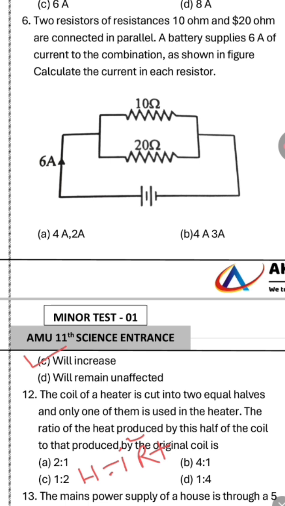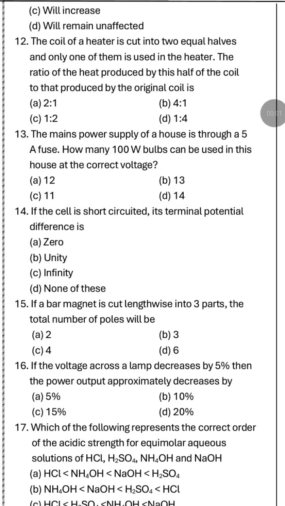The ratio of heat produced by this half of the coil to the heat produced by the original coil will be half. Therefore correct answer will be option C.